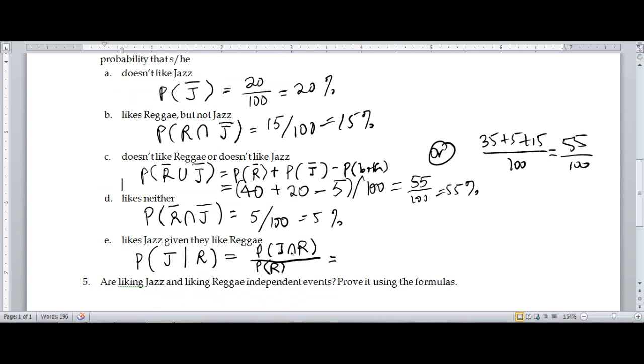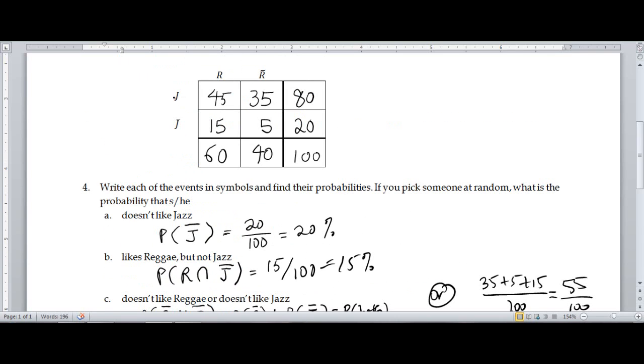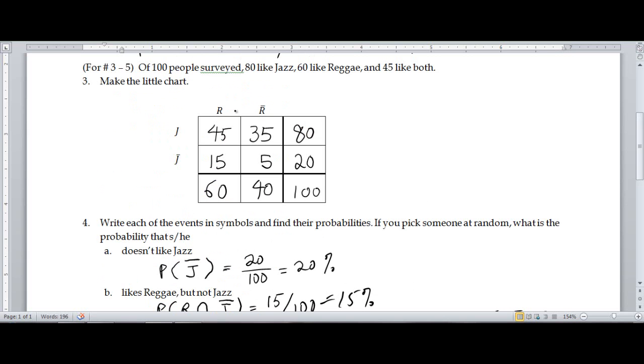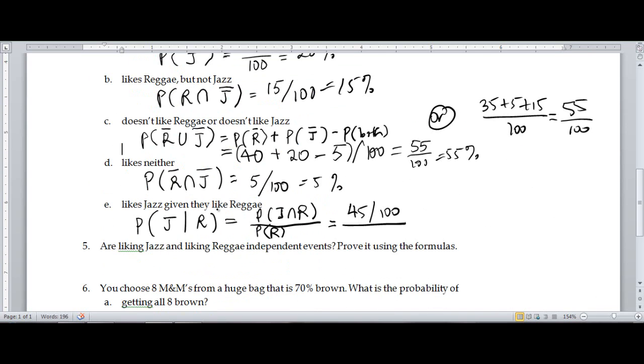How many people like jazz and reggae? That's 45. Out of 100. How many people like reggae? Total 60. The hundreds cancel out, and I get 45 out of 60.